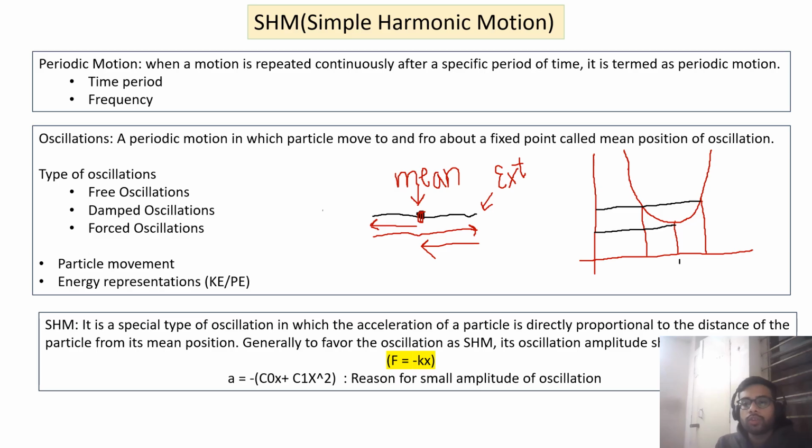So this is the mean position. I am representing it with M, and this is the extreme position E, and this is the other extreme position E. So the particle is located here.